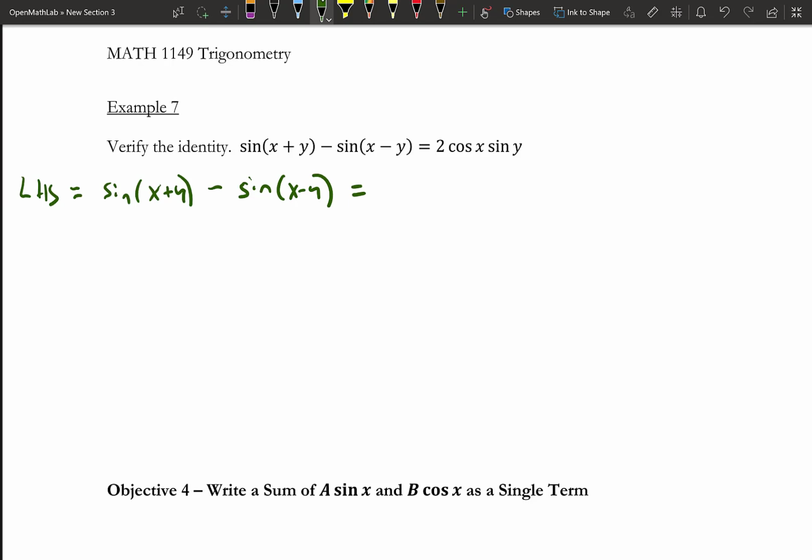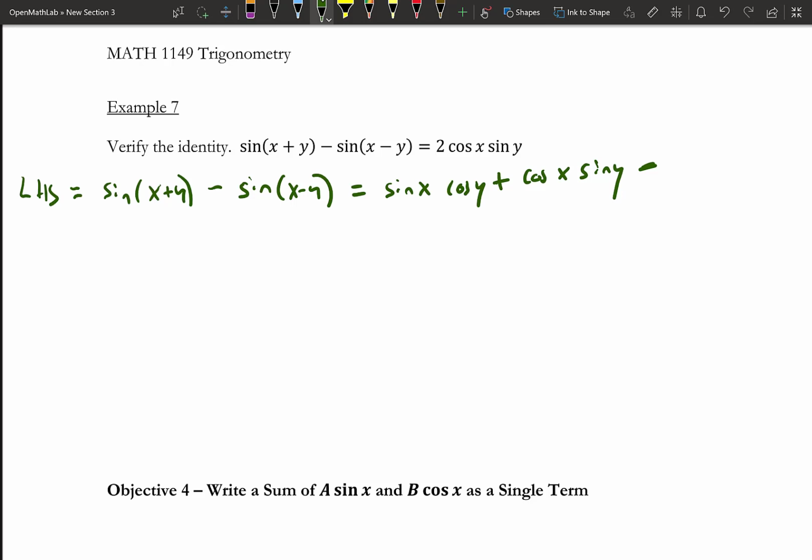Sine of (x + y) is equal to sine x cosine y plus cosine x sine y, just using the formula for sine that we have. It might be helpful to have that printed out by you.